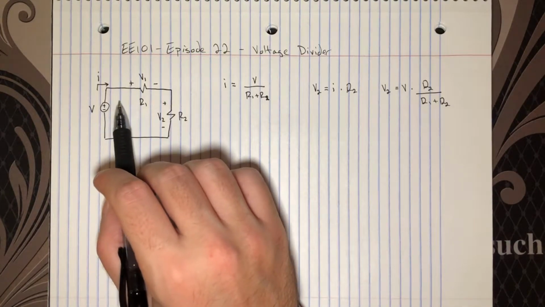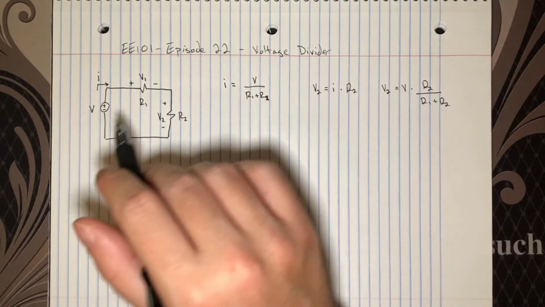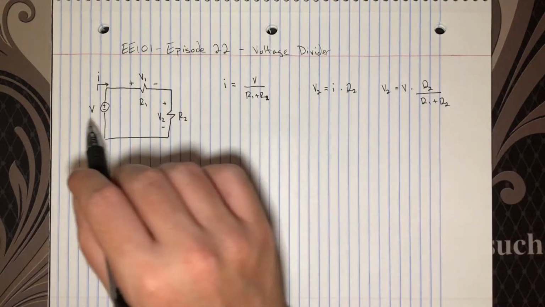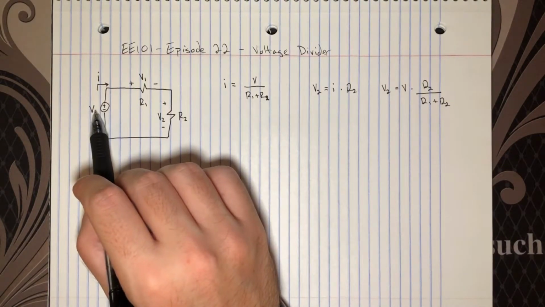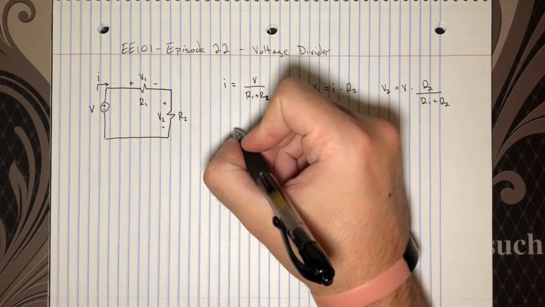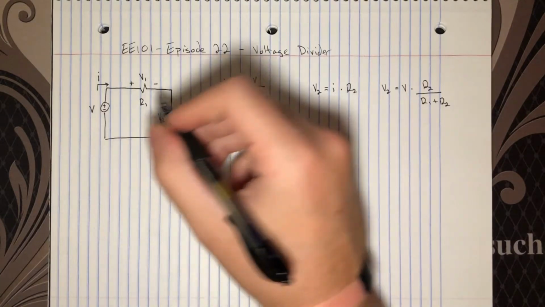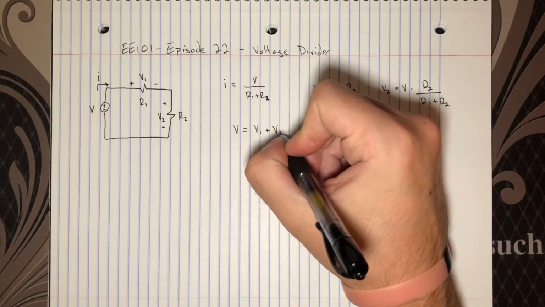We know that voltage drops across these passive elements as current flows through them. And intuitively, V2 has to be less than V because some of that voltage V is being eaten up at V1. So KVL tells us that this total voltage V is broken up into voltages V1 and V2.